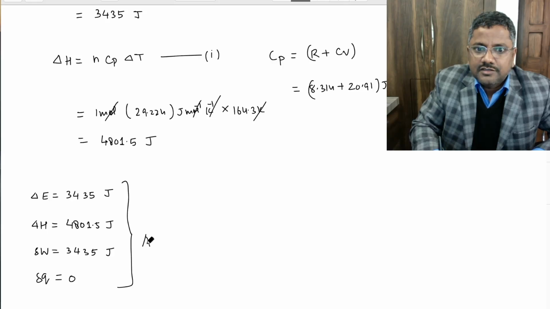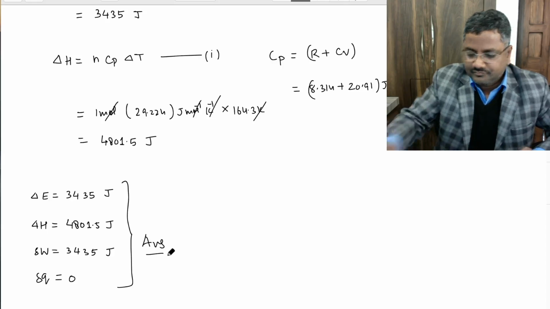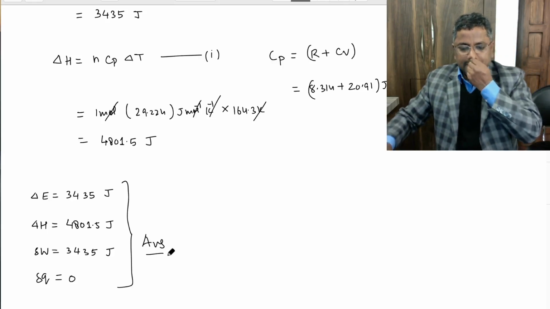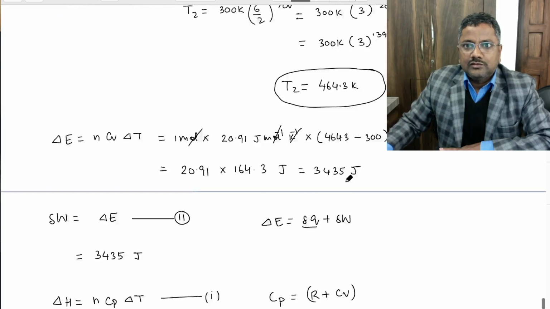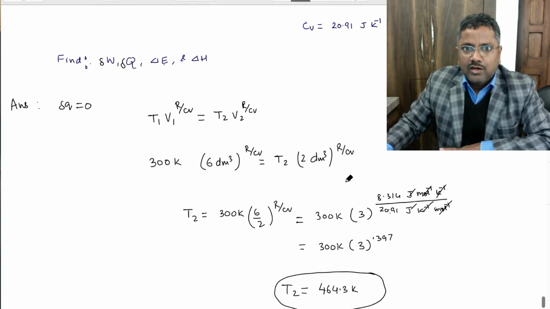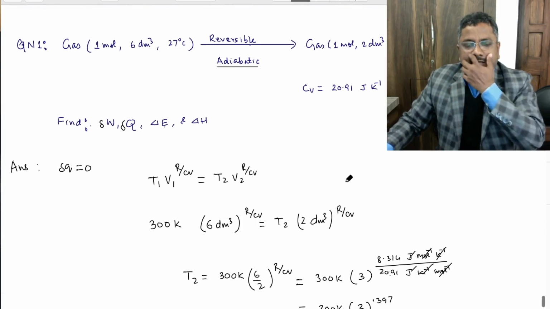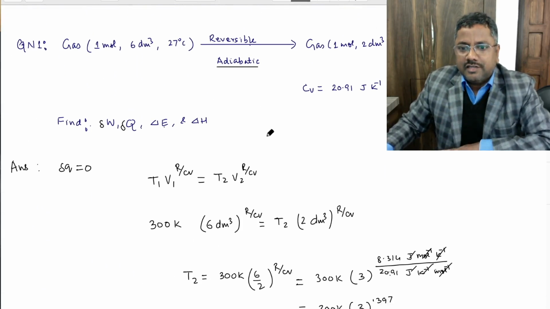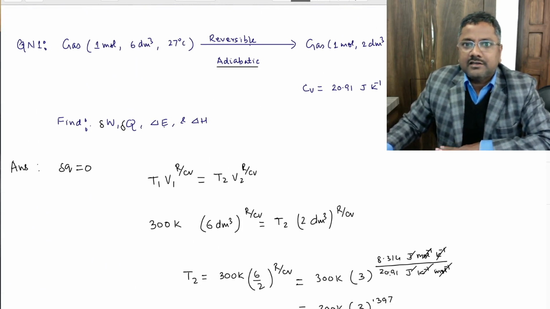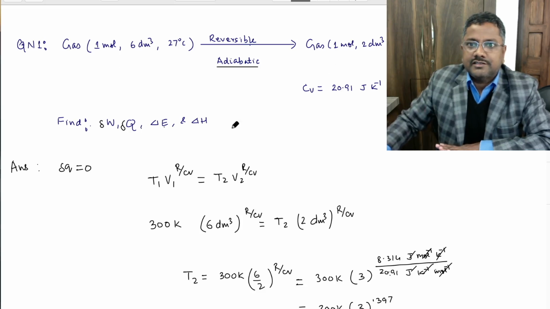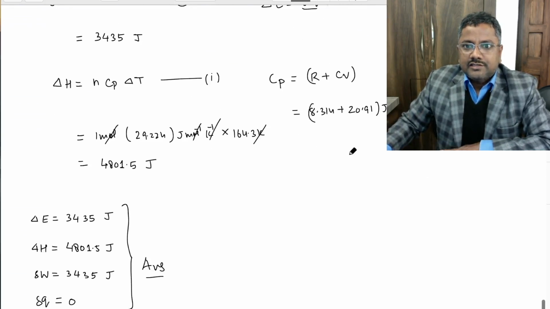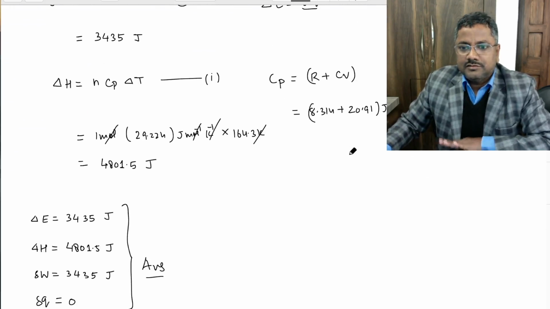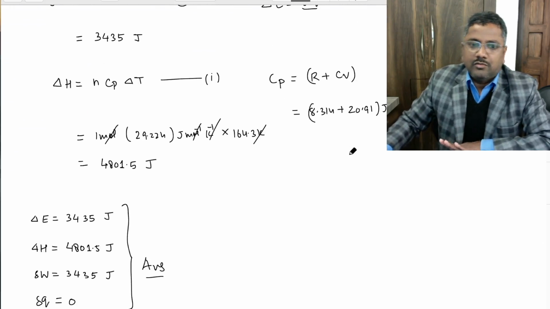So this is the answer, right? In this way we can calculate the work, heat, change in internal energy, and change in enthalpy for an adiabatic reversible process in this question. So hopefully it is clear to all of you. There should be no problem, right?